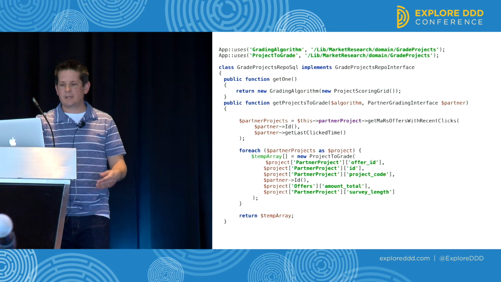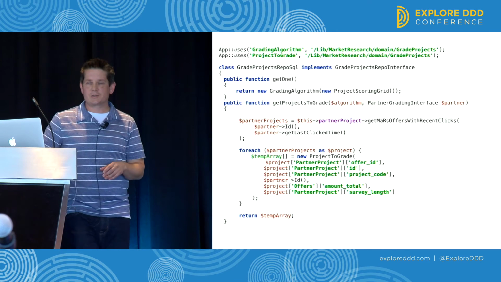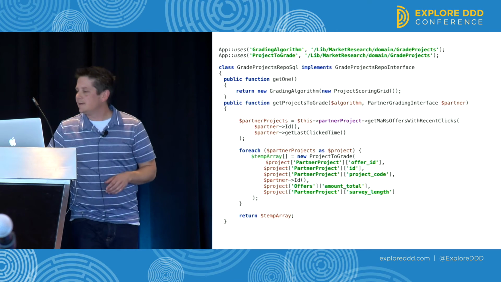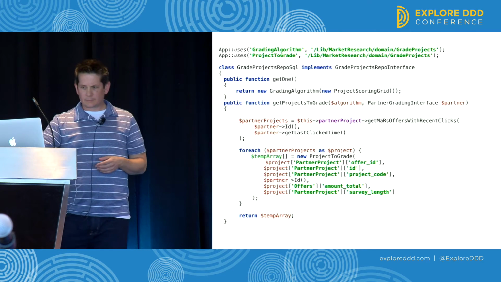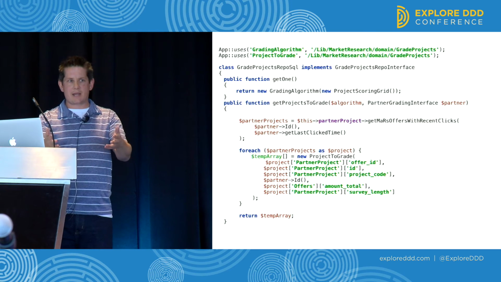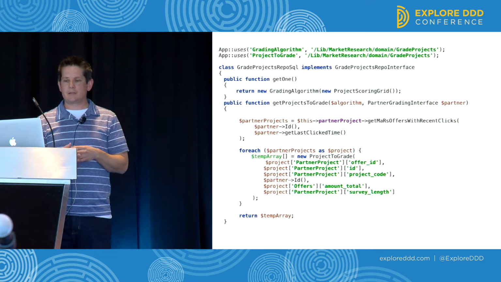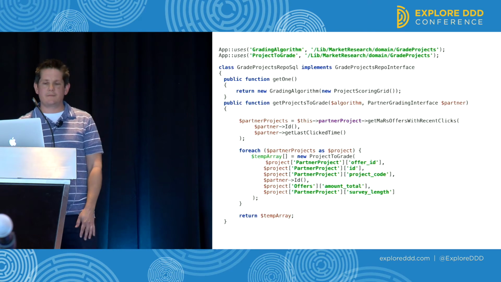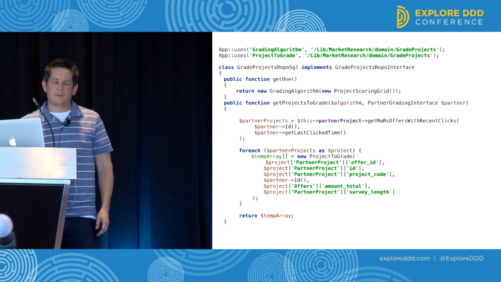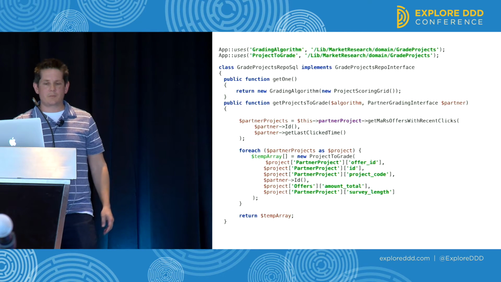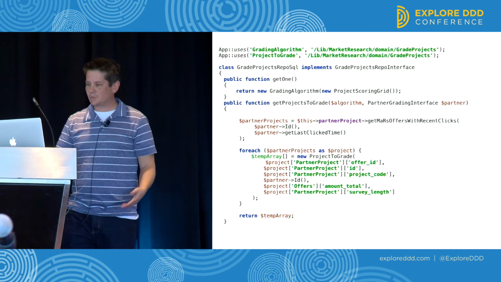So you pass into the get projects to grade, hopefully everybody can see that, a partner, and then you pull back all the surveys that have had activity recently. And basically the main object that gets passed back is a project to grade, which is what we're trying to do here.